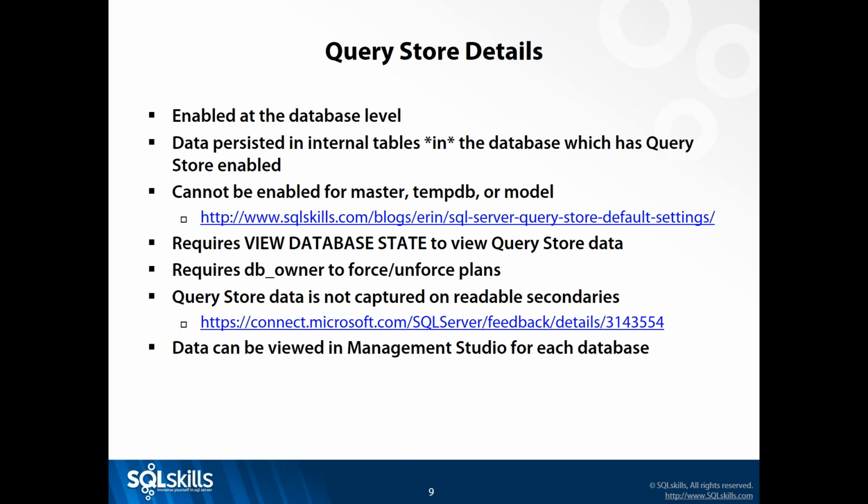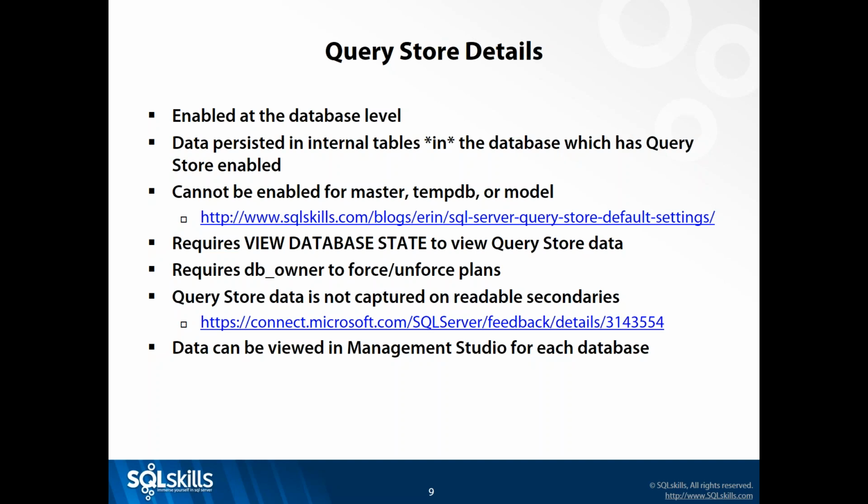Now, if you have an availability group, you might start to think about what happens on your secondaries. If I have readable secondaries that I'm querying against, what happens there in terms of Query Store? Well, your Query Store data from the primary is what's being captured, because that is your read-write copy.